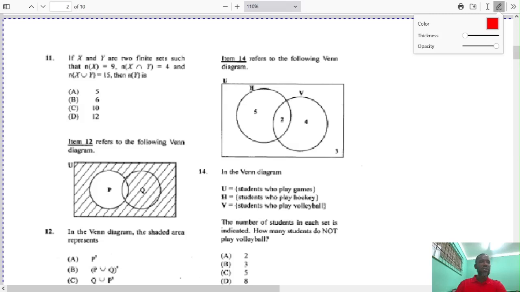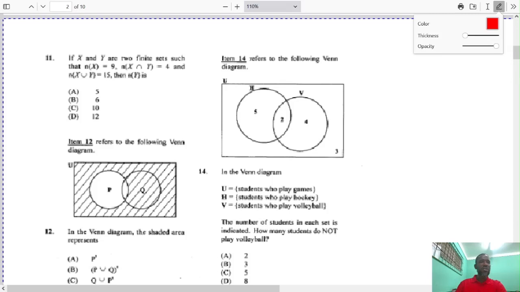So let's substitute. x union y is equal to 15, so we have 15 is equal to the number in x, which is 9, plus the number in y, which we don't know, minus 4.